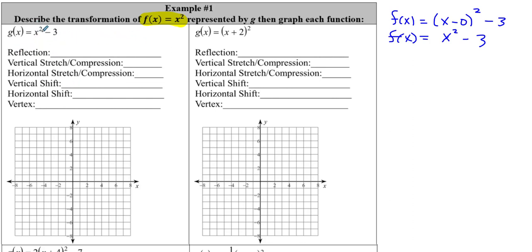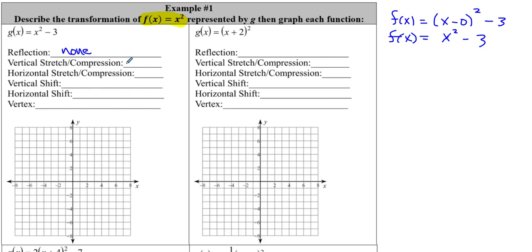So with the reflection, we want to look, do we have an a value that is negative? In this case, it is a positive, so reflection over the x-axis is none. There is no negative sign out there. Then we want to look at our a value. The first thing that I look for vertical is, do I have any value greater than 1 or less than 1 in front of my x squared on the outside?